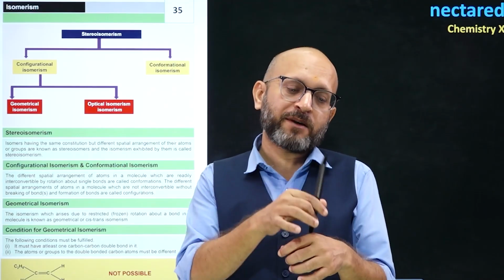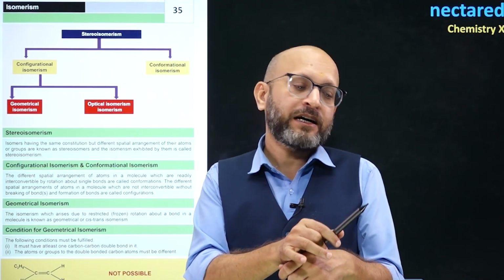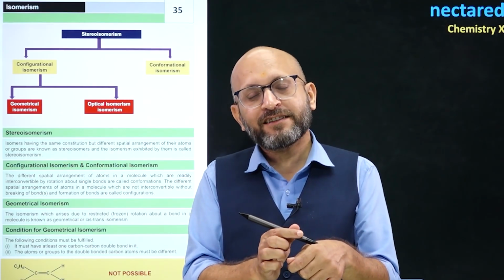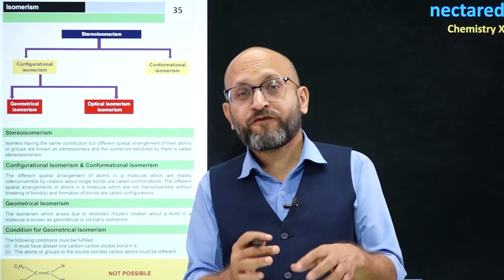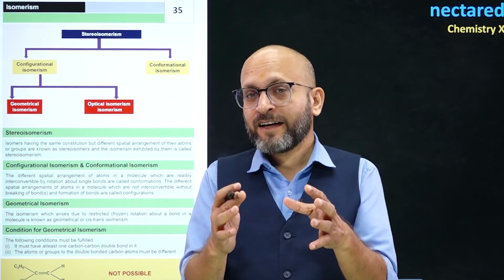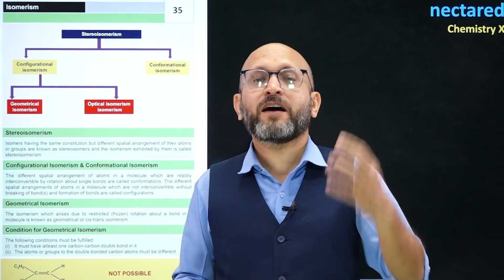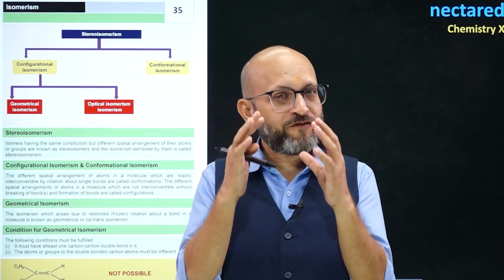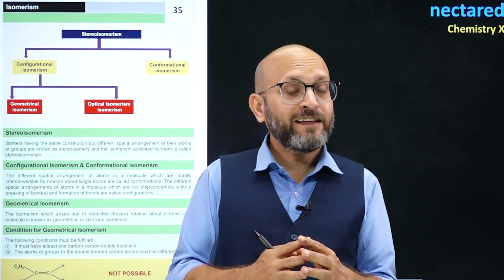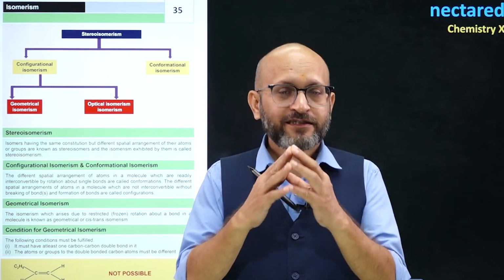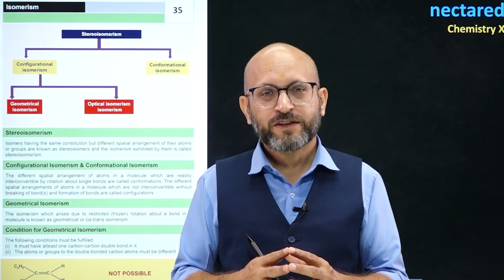For example, one compound has a group attached like this and another compound has this group attached like this, and such two different arrangements of groups in 3-dimensional space can give rise to different compounds. Such compounds which have different spatial arrangements are called stereoisomers.